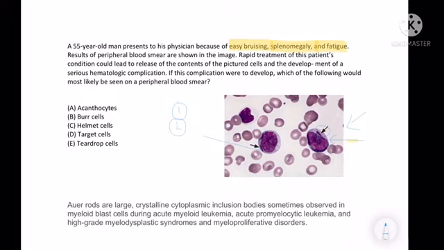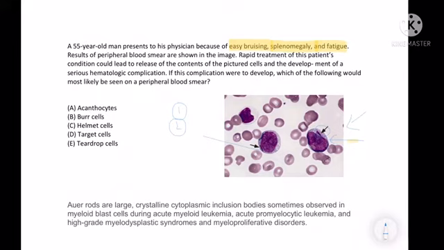Number third, if we treat this condition, if we give chemotherapy or vitamin supplementation to this patient, as a result of the treatment there is a release of these inclusions and there is a complication we can find as a result.